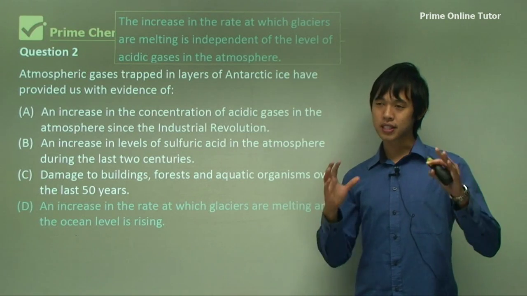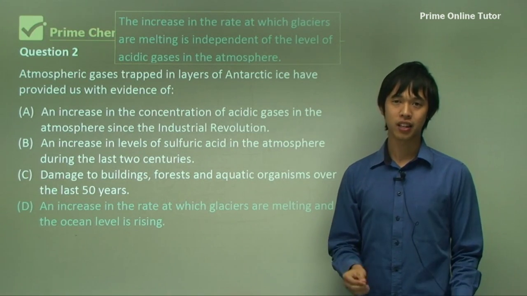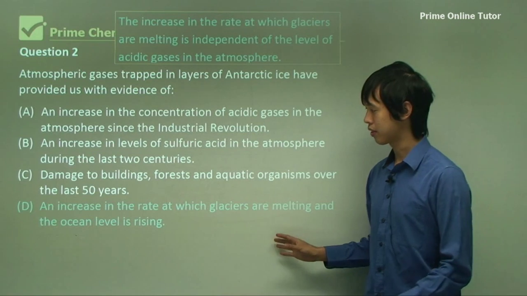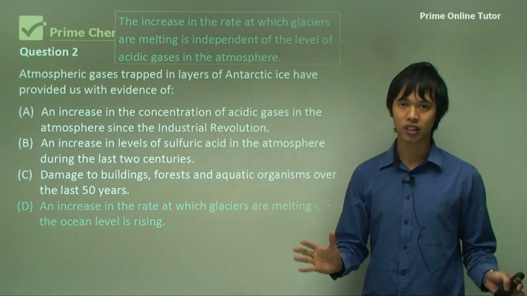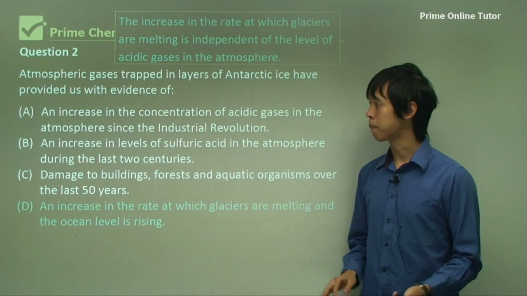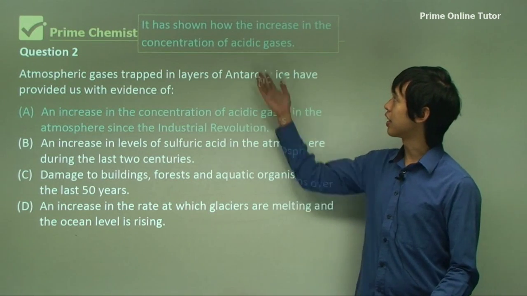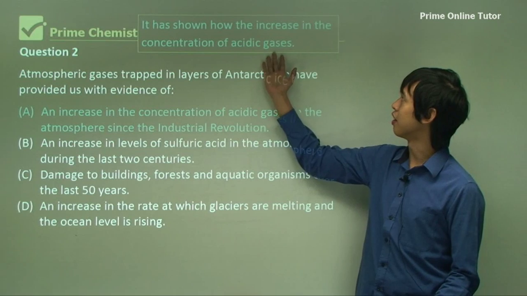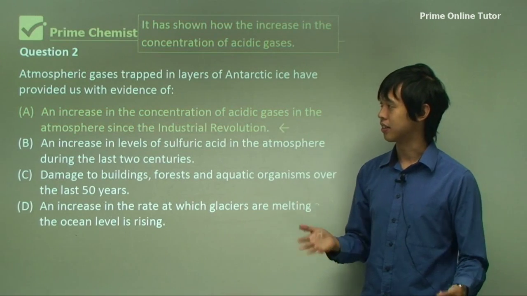So it's probably somehow related, but really, really weakly coupled. So again, not really evidence from this. Okay, so the answer is that it shows the increase in the concentration of acidic gases. Okay, so that's the answer.